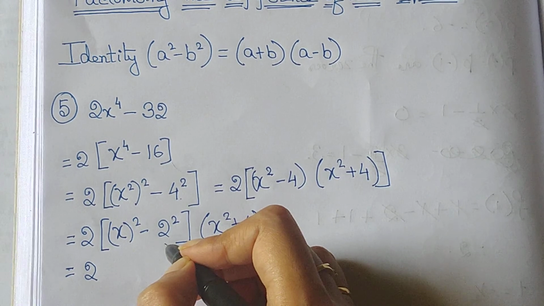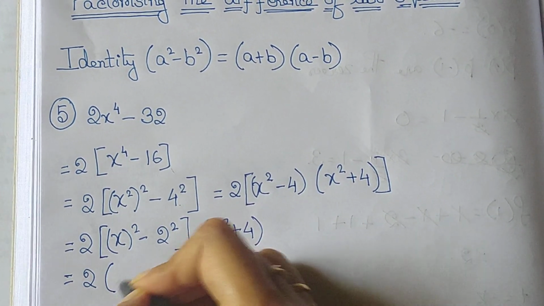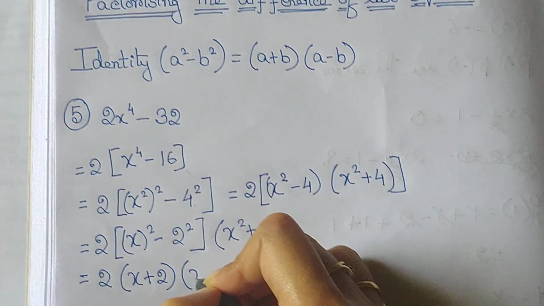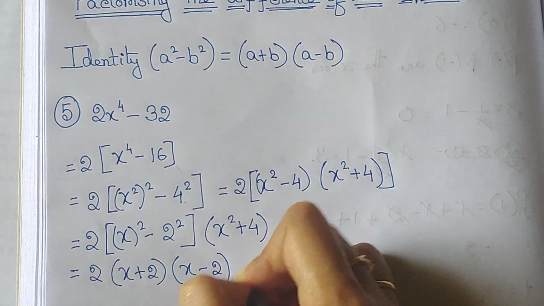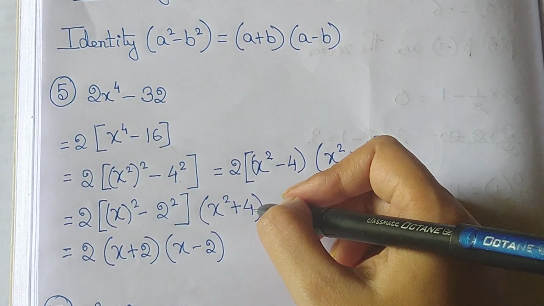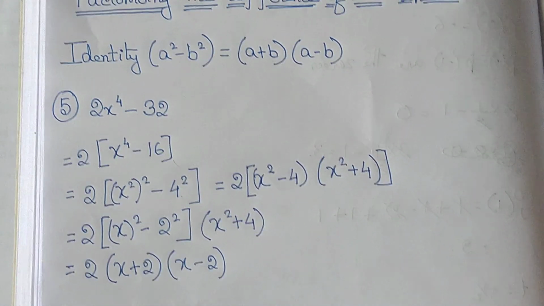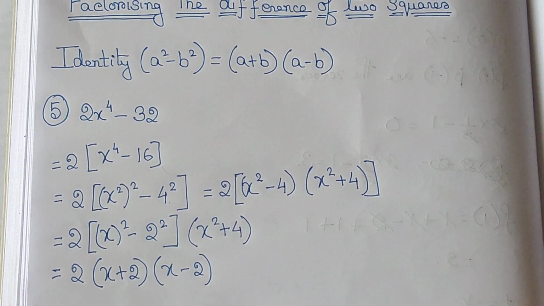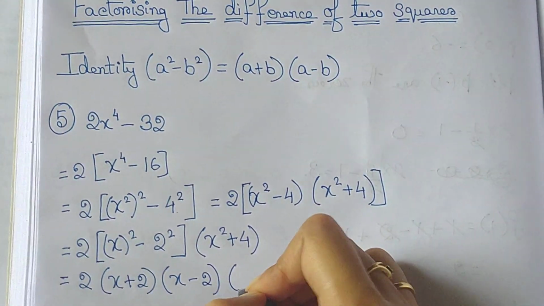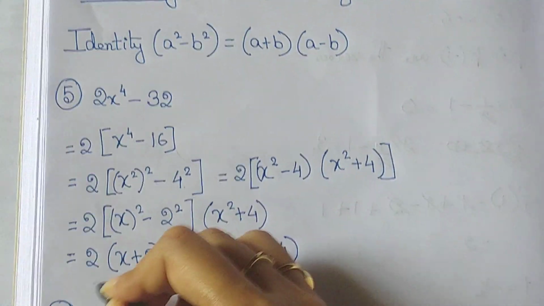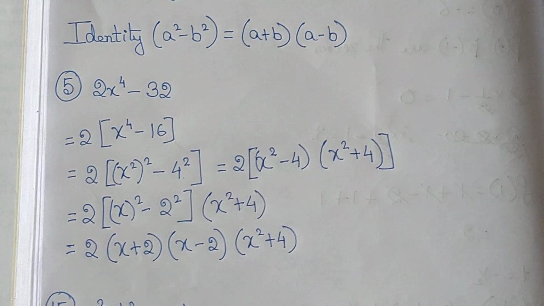From here I will be getting x plus 2, x minus 2, and x square plus 4 will remain as it is, because for x square plus 4 we don't have any identity. All the identities are based on a square minus b square. So I will be keeping x square plus 4 as it is. So this is the factorization.